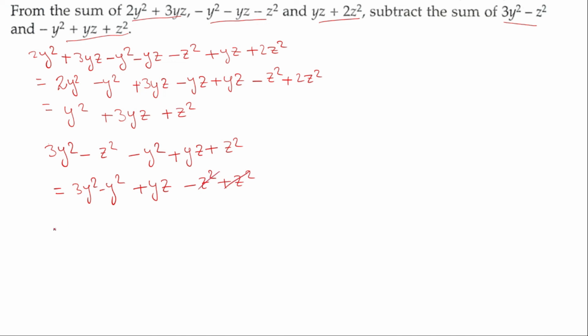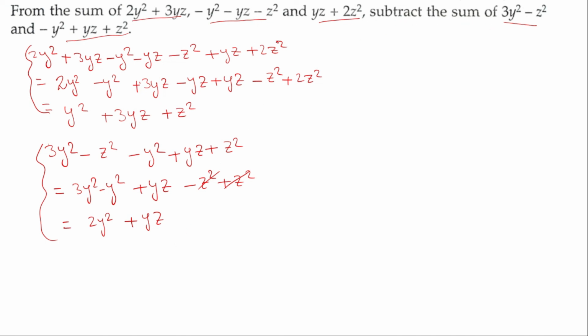These two get cancelled. It will be 2y square plus yz. So this one is the sum of the first three expressions, and this is the sum of the second two expressions. Now we have to subtract the sum of these two from the sum of these three terms.